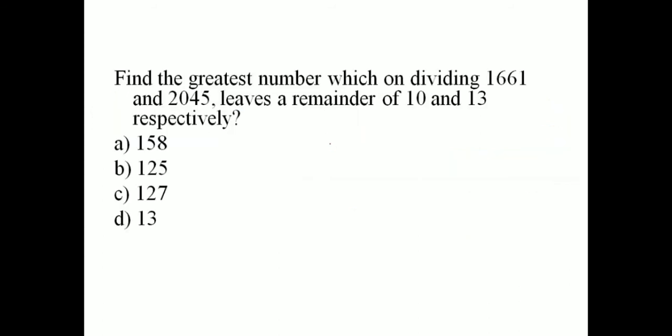Next question: find the greatest number which on dividing 1661 and 2045 leaves a remainder of 10 and 13 respectively. So we have to find the HCF of these numbers. But here remainders are given, 10 and 13, when divided by 1661 and 2045 respectively.